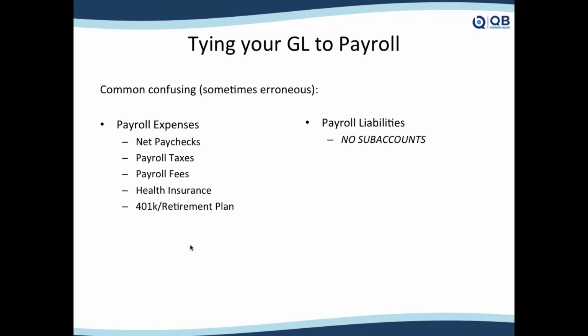And then all the payroll taxes bundled together, all the payroll fees bundled together. In some cases, they put the payroll fees, payroll taxes, health insurance and retirement pension plan, 401k, all into one lump sum payroll expense account. I actually dislike that. It's not easy to read, and it's very confusing, especially for preparing tax returns.